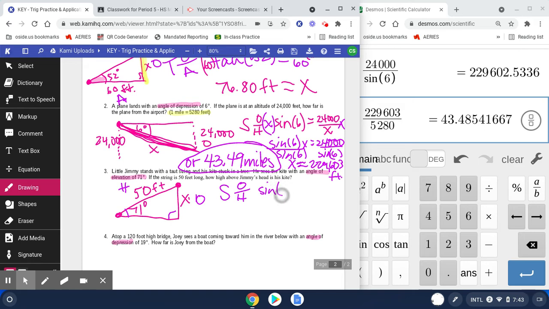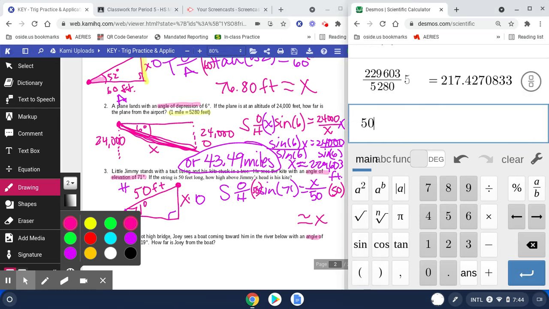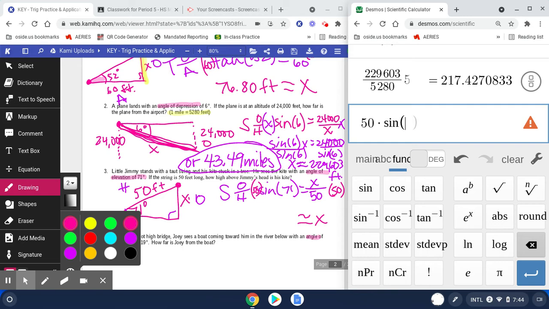So the sine of 71 degrees is equal to the opposite over the hypotenuse. Then we're going to multiply both sides by that 50. And we're going to get that x is approximately 50 times the sine of 71.